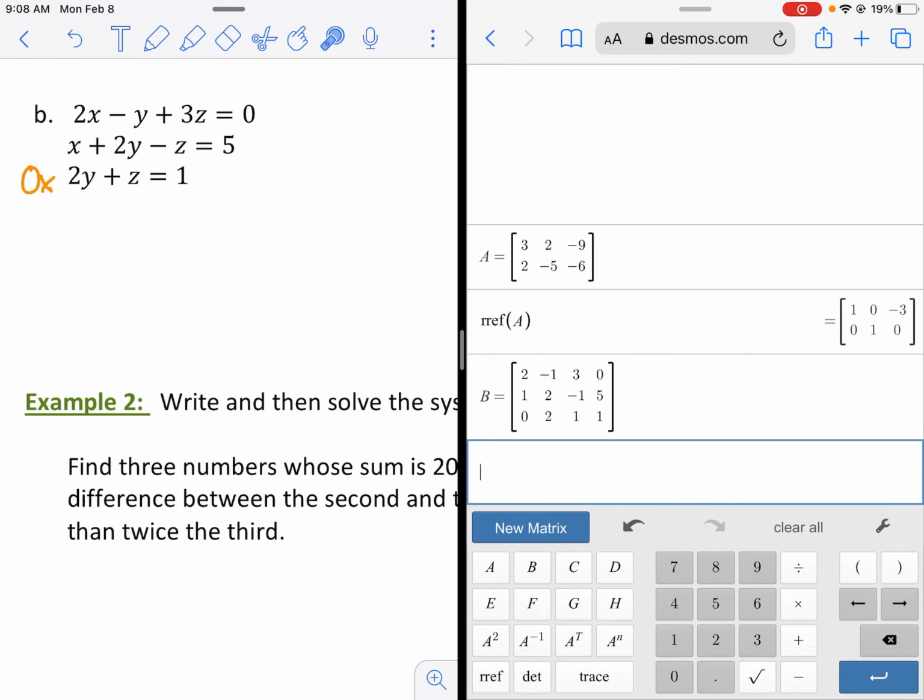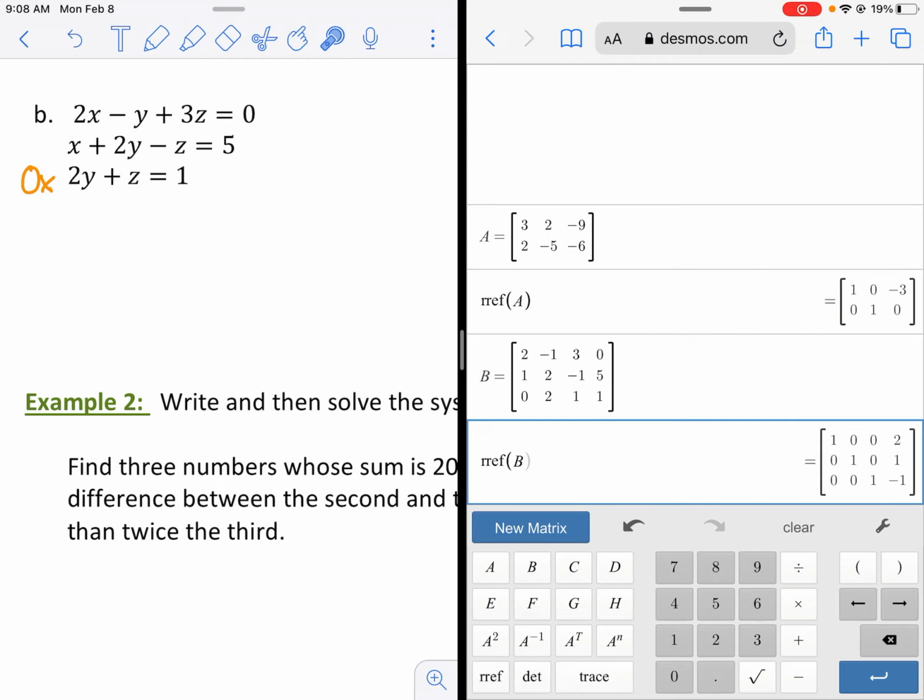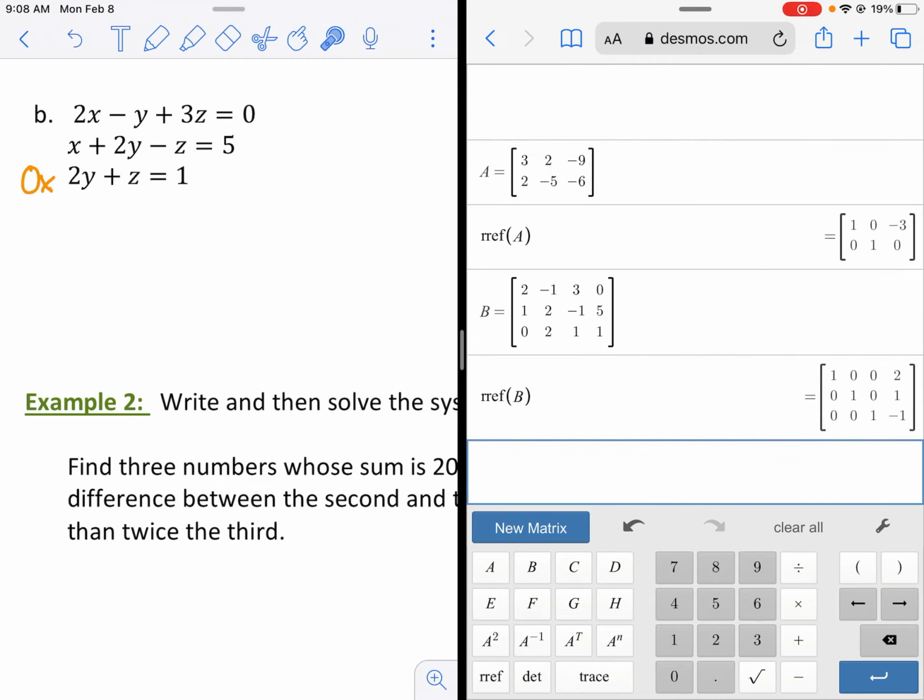I already typed this in over here, and it should look like what I have in matrix B. Then I can again say I want this in row reduced echelon form, and this time I'm going to tell it to do matrix B, because that's where I typed in my augmented matrix. It spits out my result, and we end up with x equals 2, y equals 1, and z equals -1.